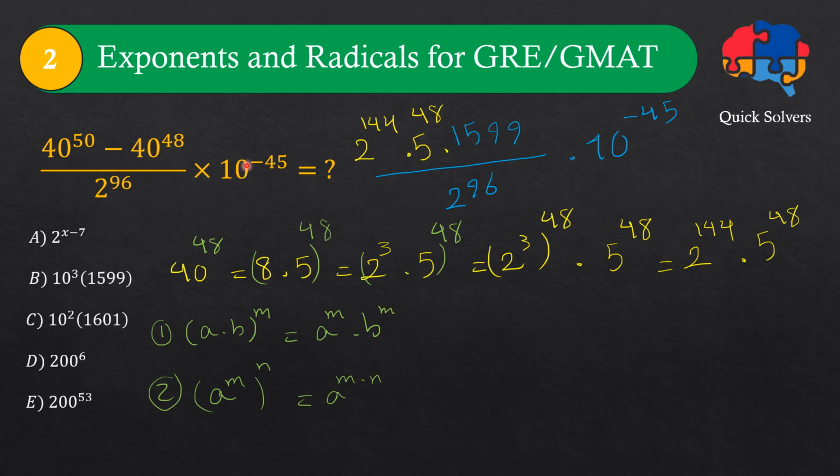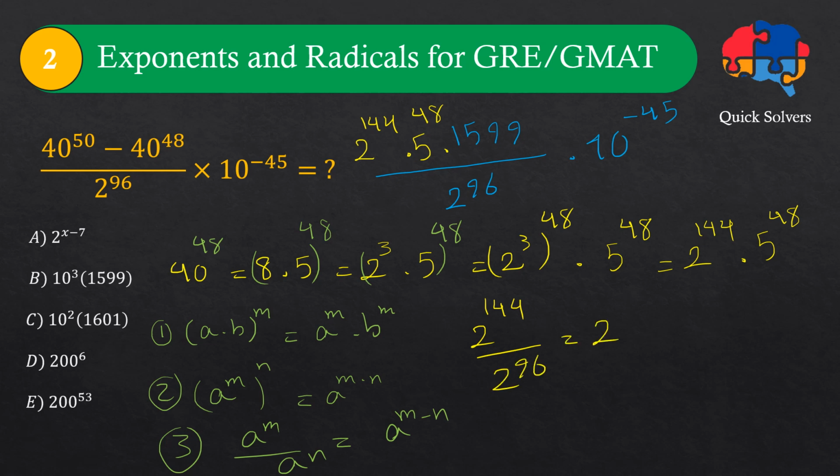Okay, so now I have written the whole expression in this format, and this is good because now I can simplify this and this, because the third rule says that if we have a to the power of m divided by a to the power of n, this equals a to the power of m minus n. If I apply it here, we have 2 to the power of 144 divided by 2 to the power of 96.